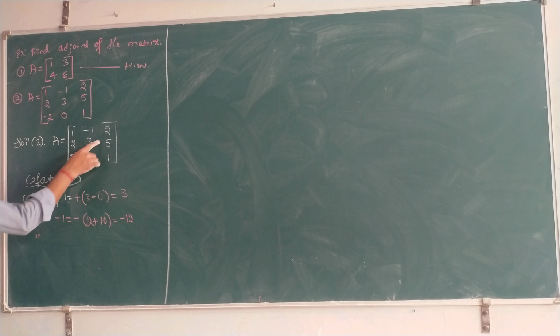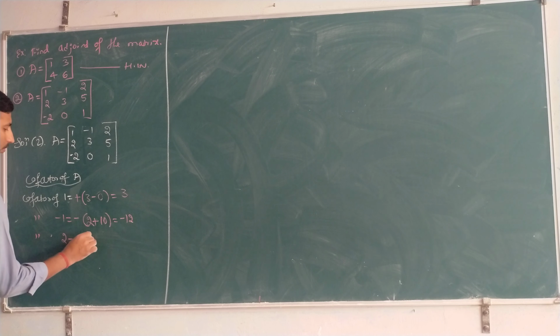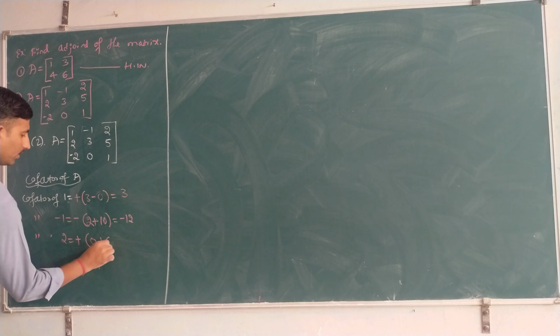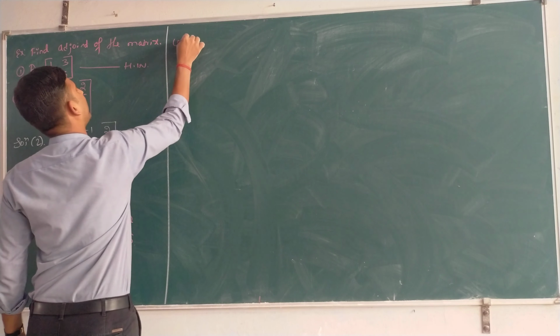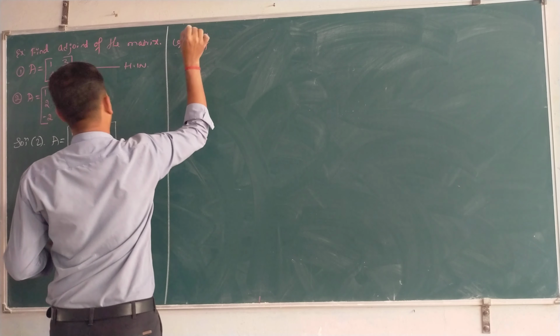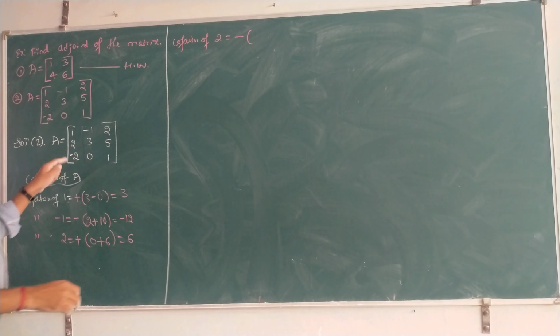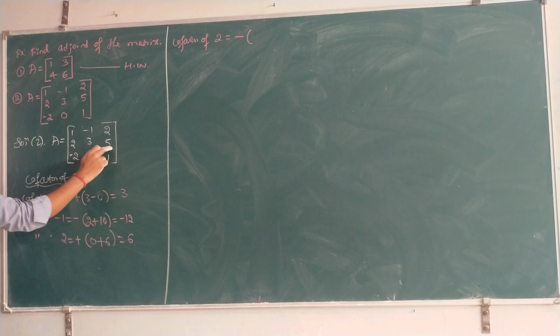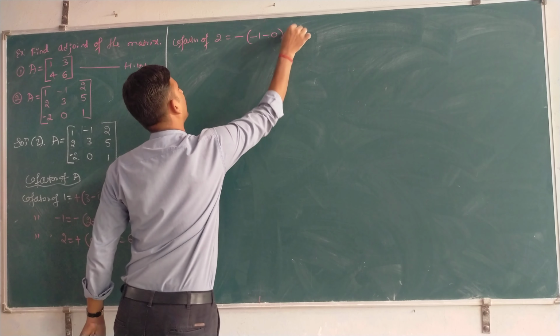After that, cofactor of 2, position is plus. 2 into 0, 0 plus 6, which is nothing but 6. Cofactor of 2, position is minus. This row and this column are deleted, minus 1 0 is equal to plus 1.